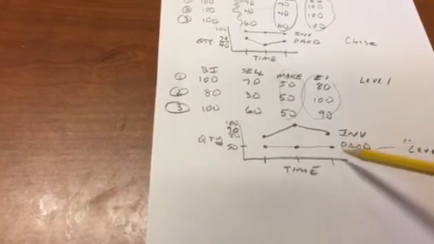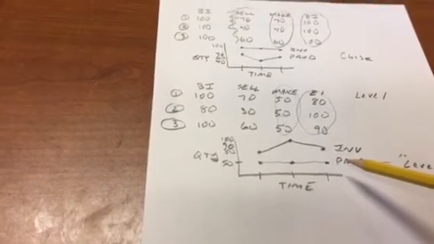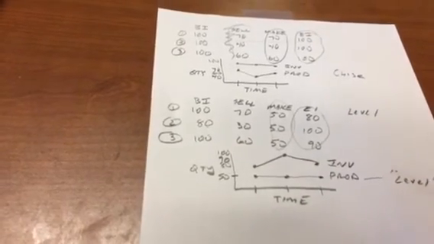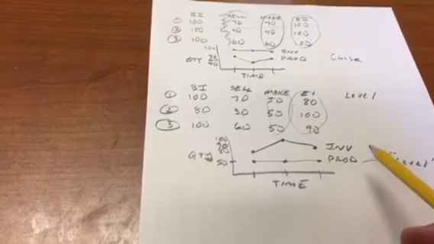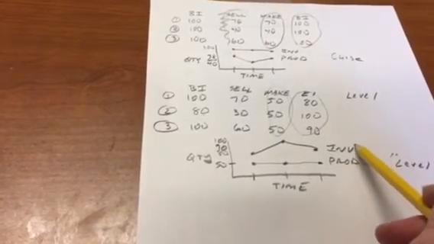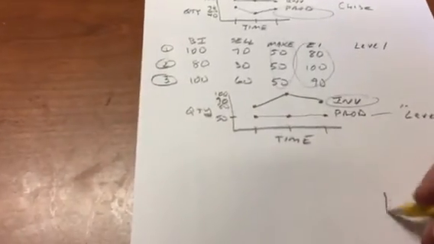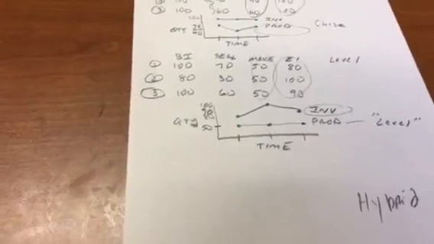In that case, production is going to vary a little bit every period, assuming demand varies some. And inventory is going to vary. And this is the really key thing here. If both these lines, the inventory line and the production line, vary, then we've got a hybrid schedule or a hybrid aggregate plan.